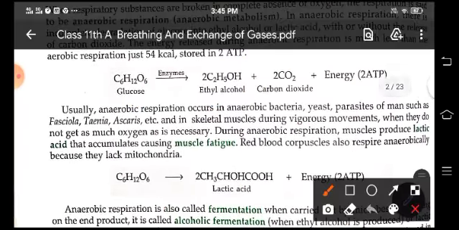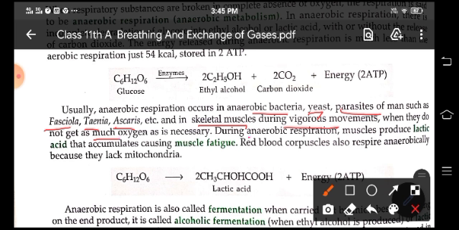Usually anaerobic respiration occurs in anaerobic bacteria, yeast, parasites of man like Fasciola, Taenia, Ascaris and many others, and in skeletal muscles during vigorous exercise or movements, when they do not get as much oxygen as is necessary.